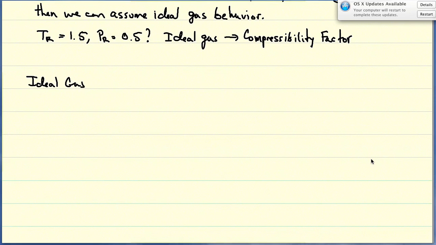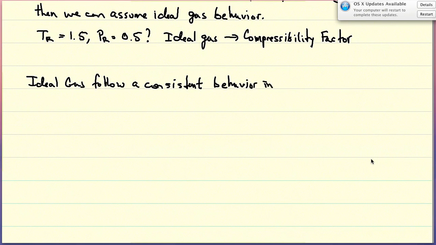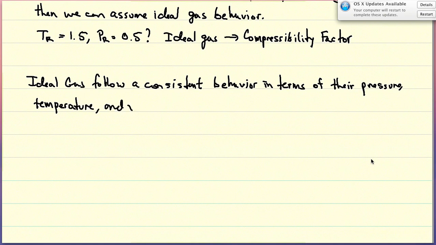So ideal gases follow a consistent behavior in terms of their pressure, temperature, and volume relationships.